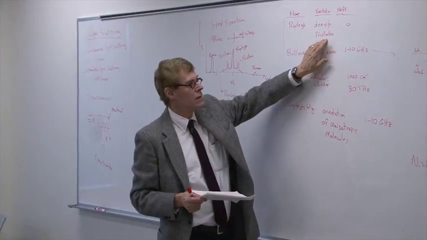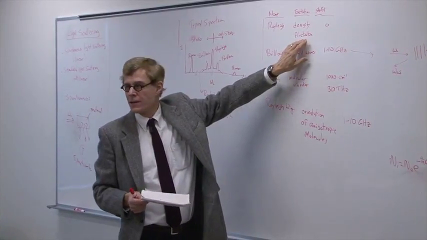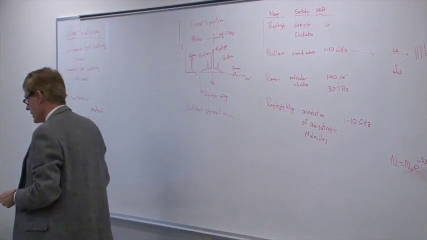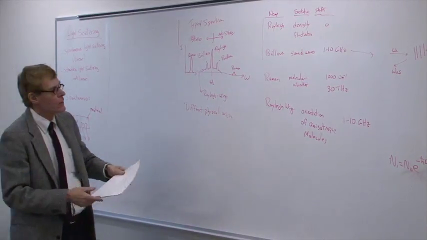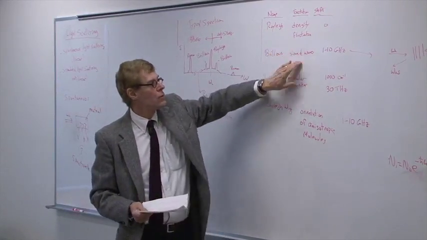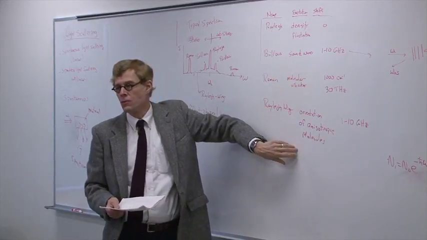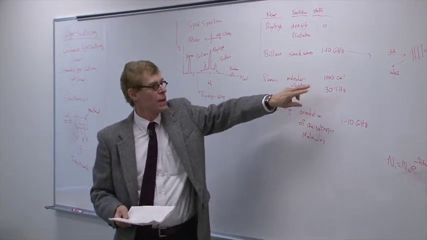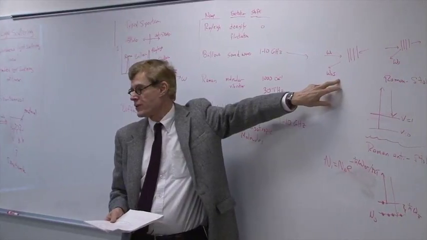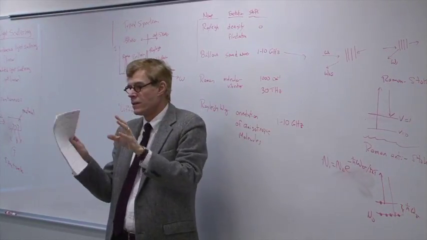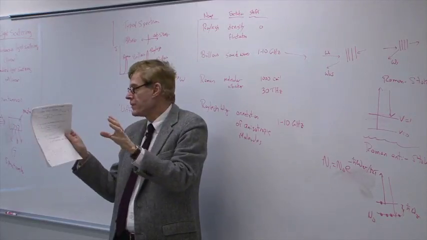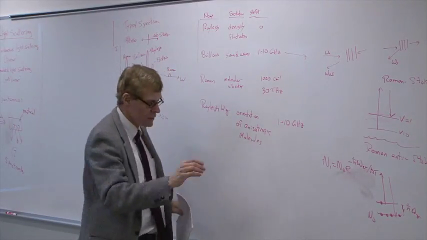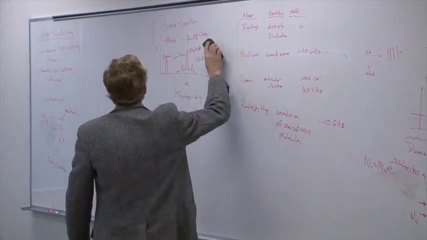Now, density fluctuations. Let's get back to this because it's a crucial point. All of these are due to fluctuations. A sound wave is a fluctuation, but the Rayleigh scattering is density fluctuations. Let's take a look at why this is important.